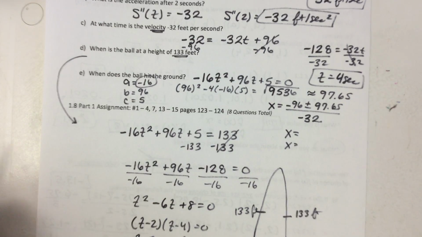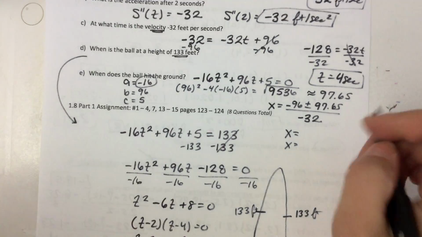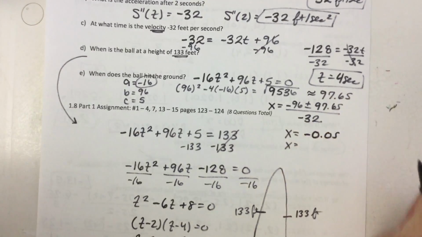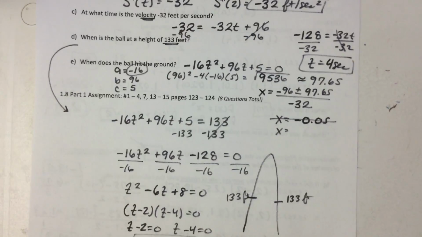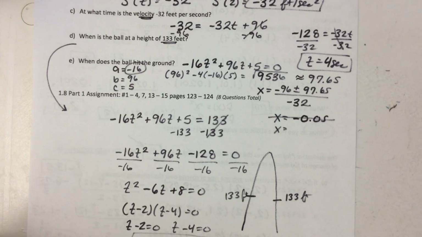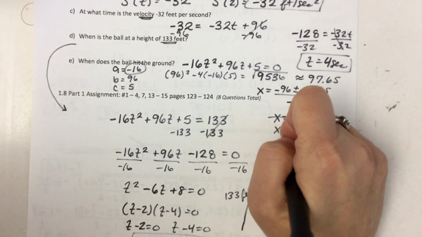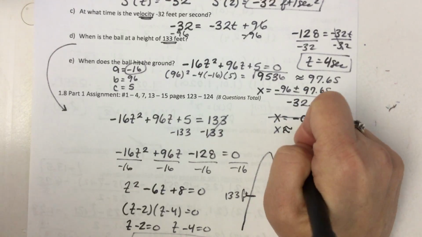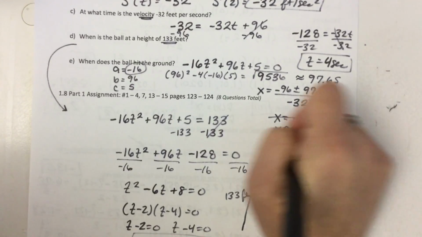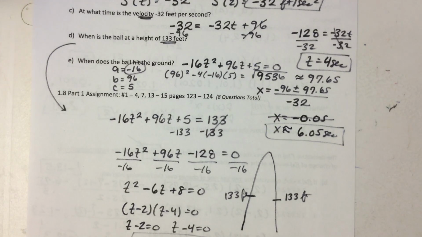So negative 96 plus 97.65, divided by negative 32, I have a negative 0.05. And I can't hit the ground at a negative value. Negative 96 minus 97.65, then go ahead, divide it by negative 32. It's approximately, because I did round, 6.05 seconds. That's when the ball hits the ground.